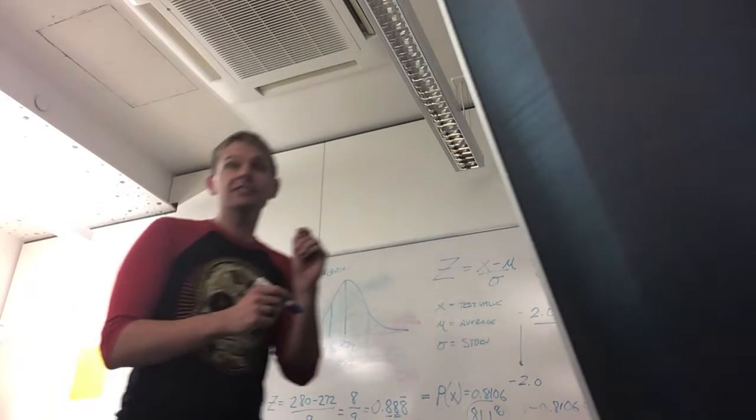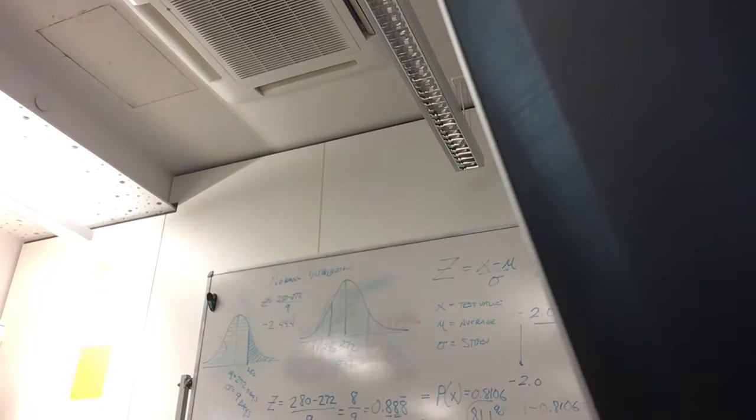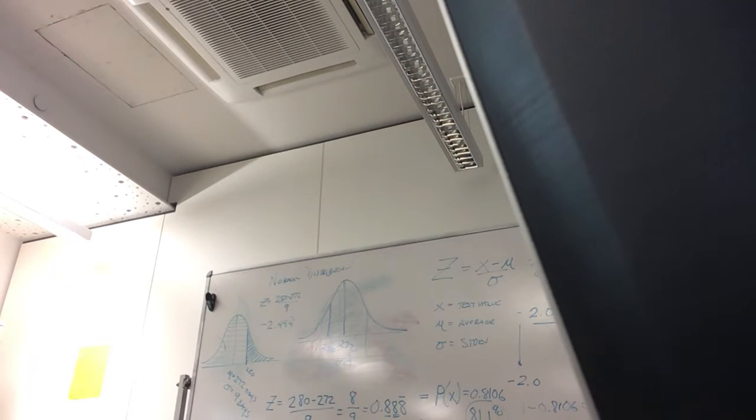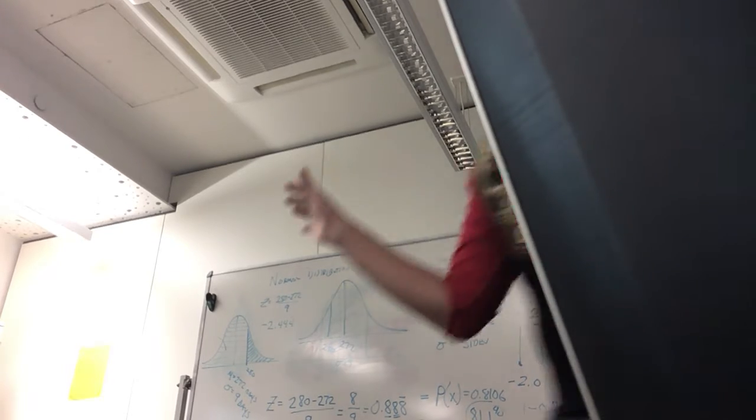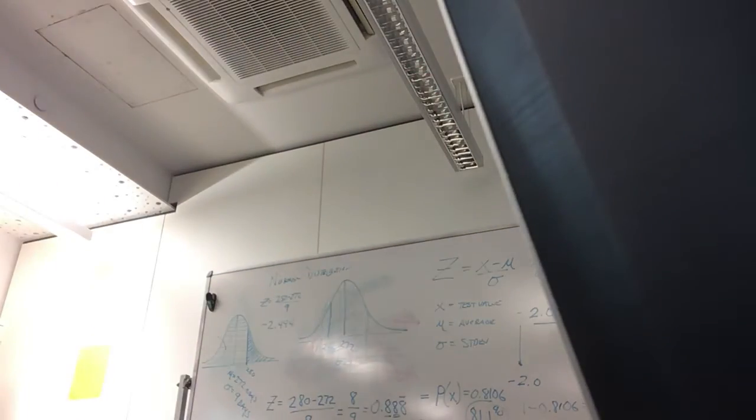Step 3 now is to go to the table and get my corresponding p-value. So it is a negative z. Before you even look up anything, because it's a negative z, the number should be less than 50%.